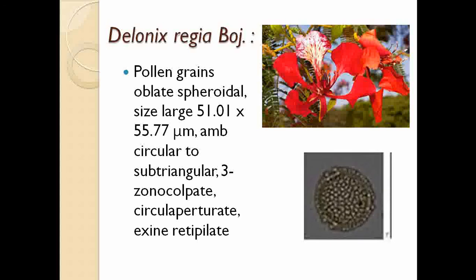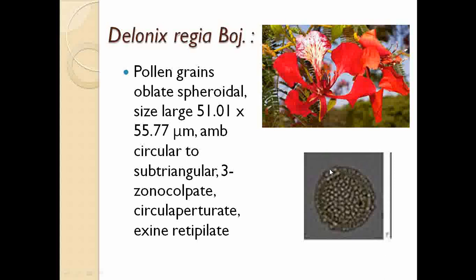Then the next example is Delonix regia. After performing acetolysis, if we observe the pollen grain, you see that it is completely spheroidal. The size is 51 by 55 micrometer. You can also say that it is a subtriangular structure.